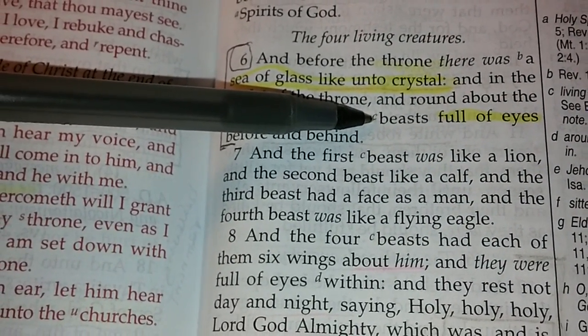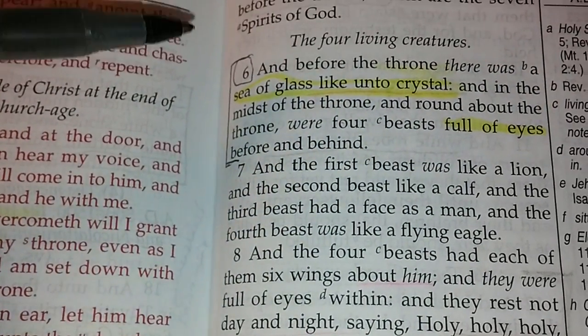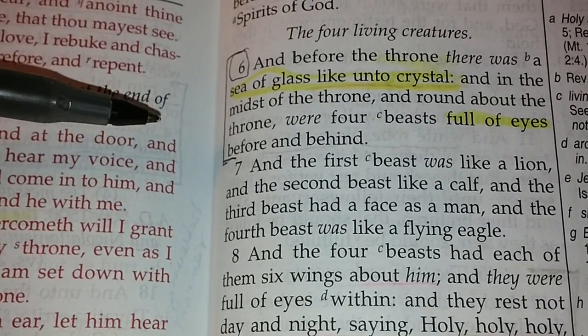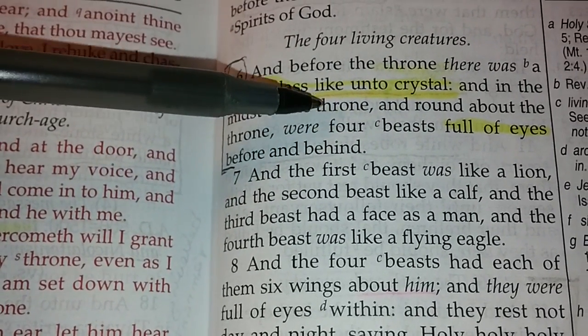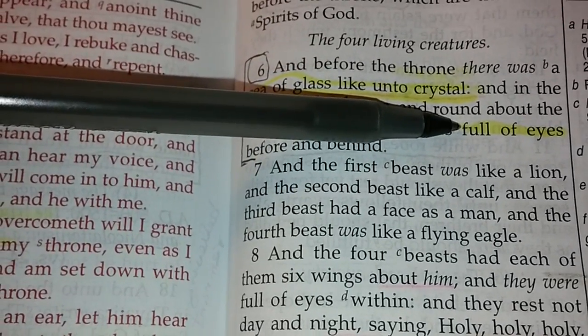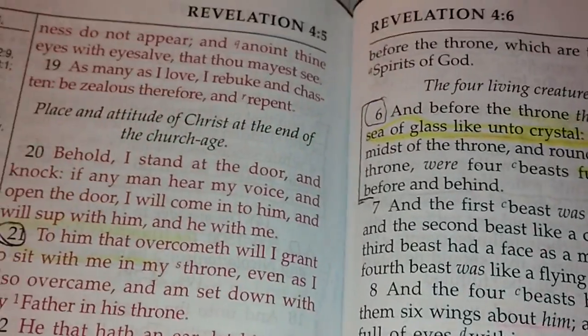Brooklyn, the Bronx, and the other two escape me at the moment, that surround Manhattan. Were four beasts full of eyes. Full of eyes.